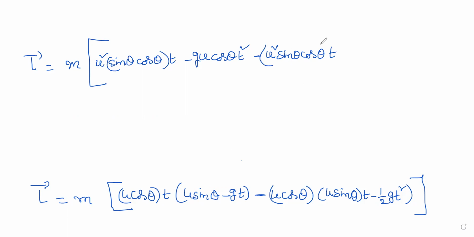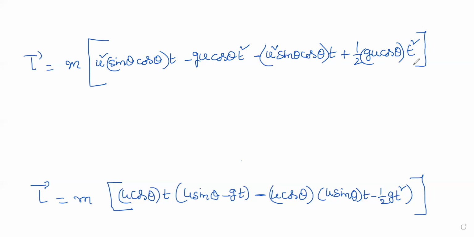And u cos theta into minus half gt square: minus of minus is plus, so plus half g u cos theta times t square. This is what I am left with in the last term, right?